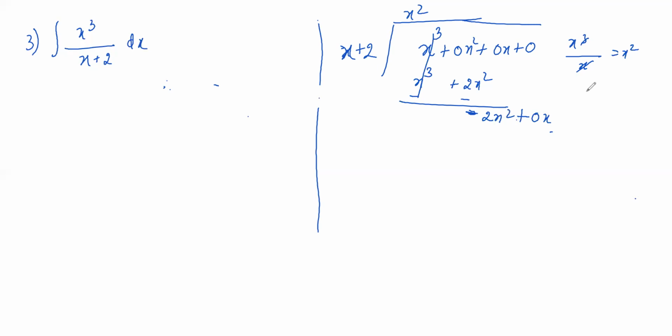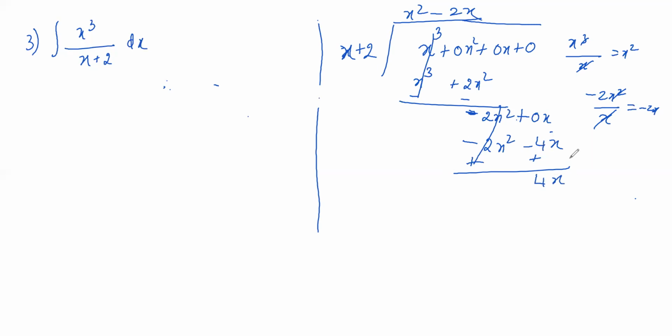First term is minus 2x squared, here it is x, x cancels, so minus 2x. We'll write minus 2x. Minus 2x into x is minus 2x squared, then minus 4x. Change the sign, plus, cancel, plus 4x. Then we'll get down the element 0.